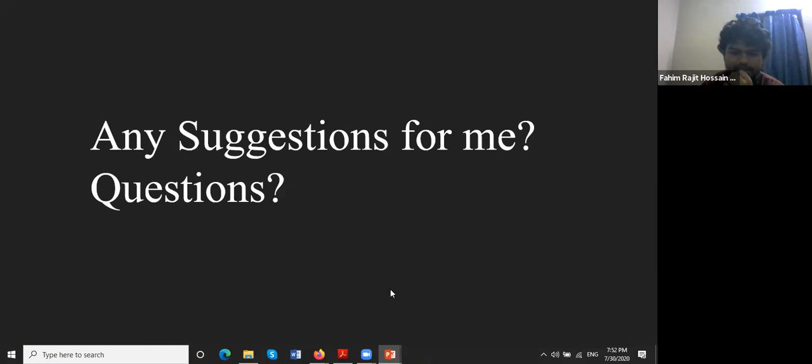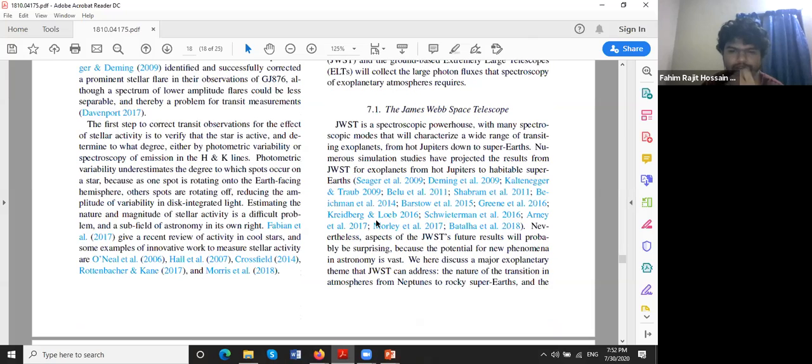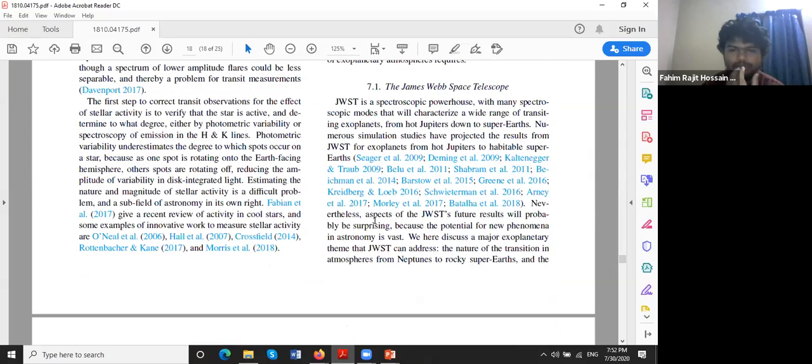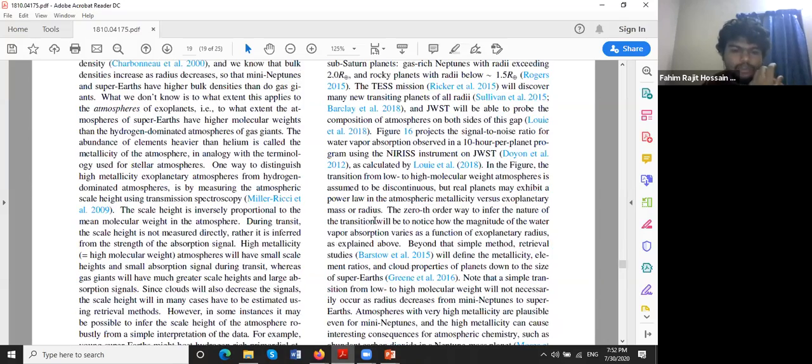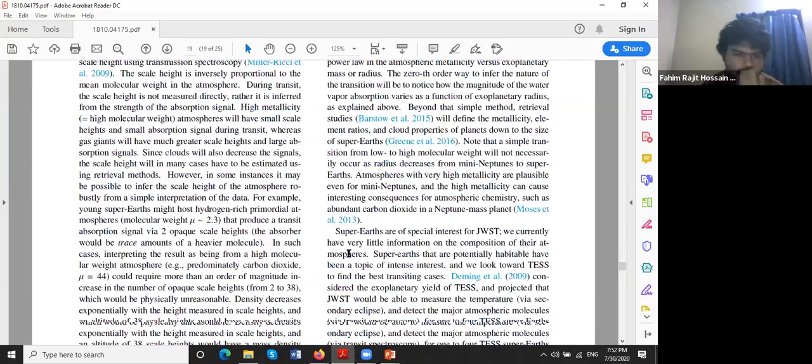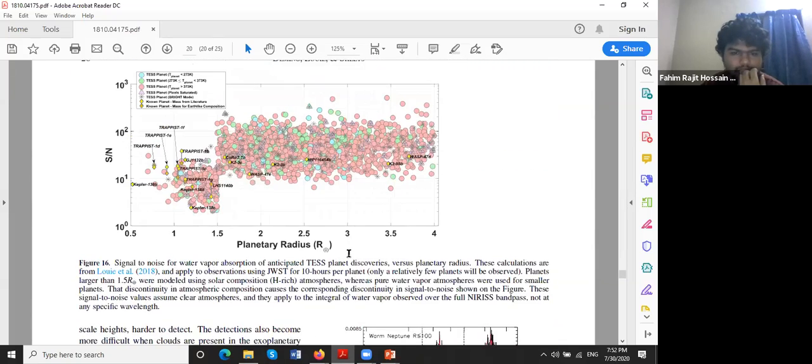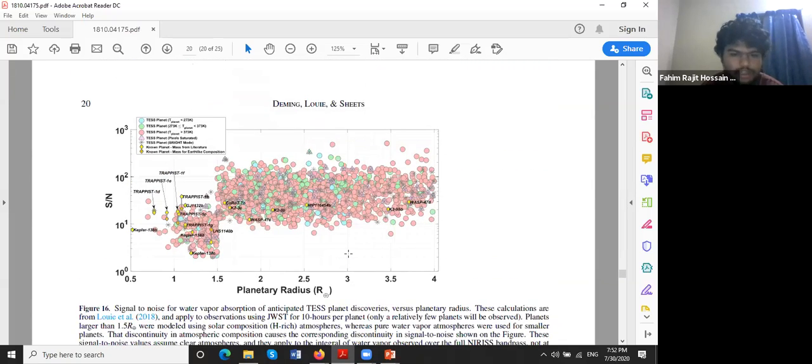So here is the conclusion, where the paper also mentions what the James Webb Telescope and other space telescopes will likely provide us in the future, and it gives us a predicted model of how data can be observed.